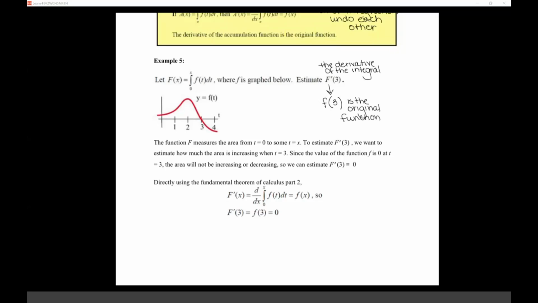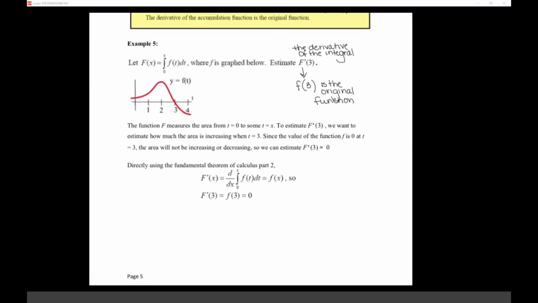Okay, and they go through this whole big, long, drawn-out thing here that basically shows it. If we differentiate the integral, we get f of x. So f prime of 3 is f of 3. And you can see right here, that's 0.